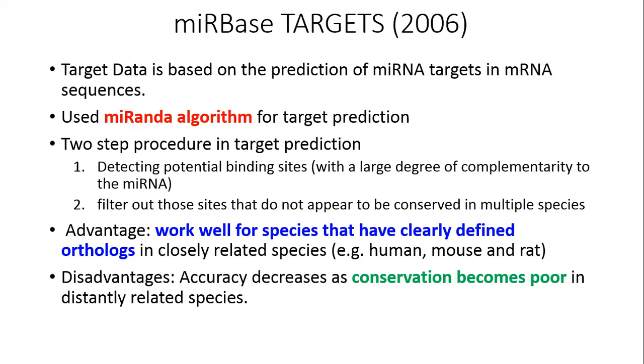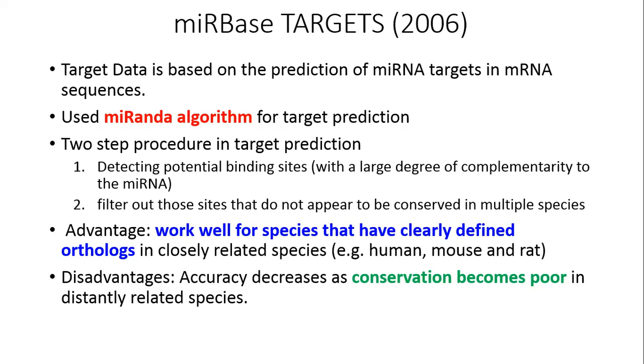So unless it is conserved, you cannot consider it as a potential target. That was the premise behind the second step. Due to this second step of comparing the sequence of whatever has been identified as a potential binding site with multiple sequences, it has a far-reaching effect.